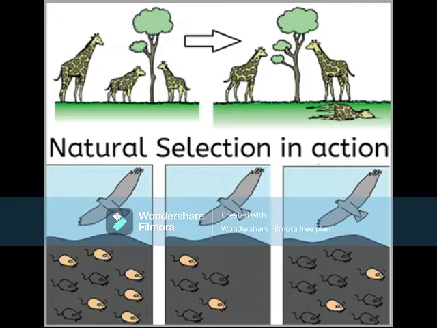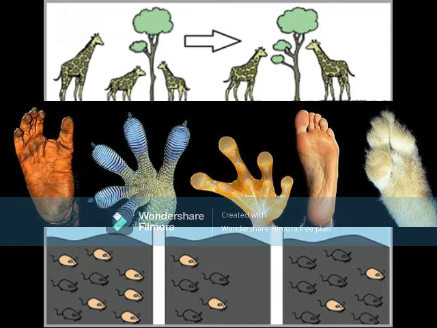Darwin's visit to the Galapagos Islands gave him his most powerful insight into biological evolution. He found many species of finches that were related to a single species found elsewhere.